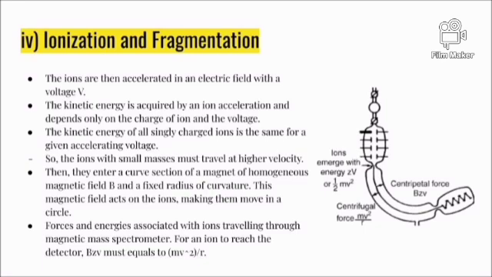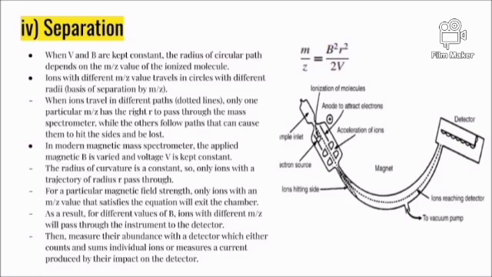In order for an ion to reach the detector, the centripetal force BZv must equal the centrifugal force mv squared over r. As the basis of separation by m/z, when V and B are kept constant, the radius of the circular path depends on the m/z value of the ionized molecule. So ions with different m/z values travel in circles with different radii.